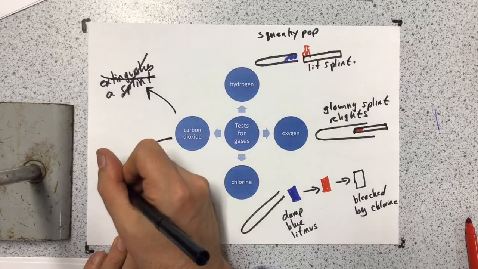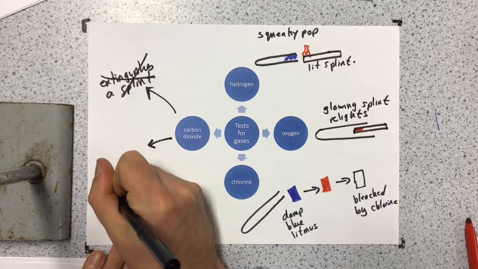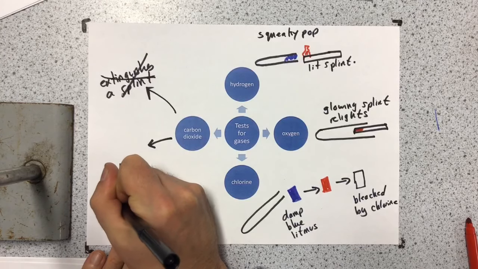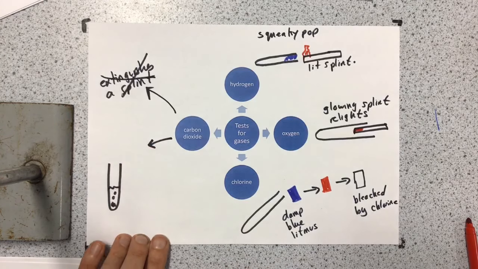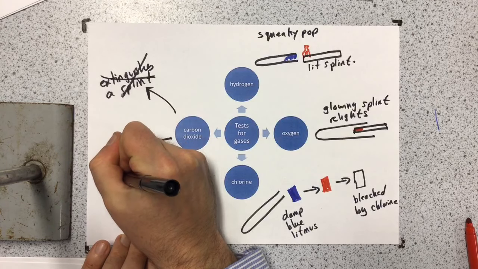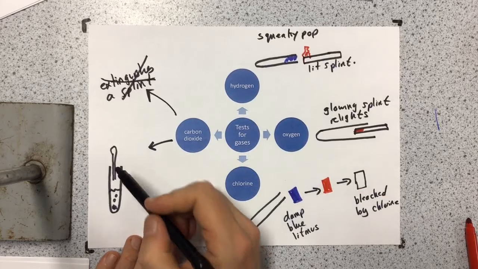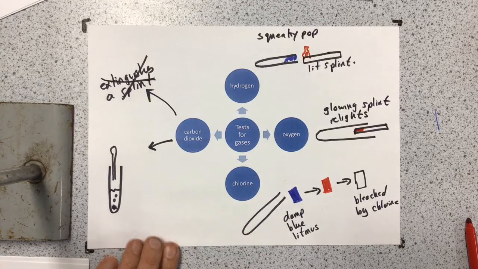Well, what usually happens is you might see this done in 2 stages. You've got your reaction, and it's producing bubbles. You can take a pipette, and you literally suck the gas from above the reaction.